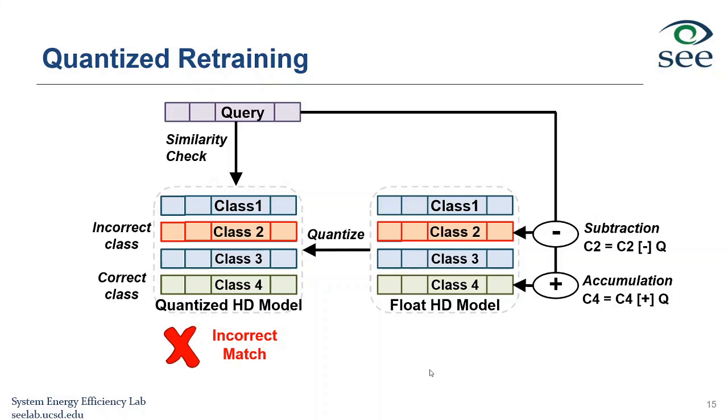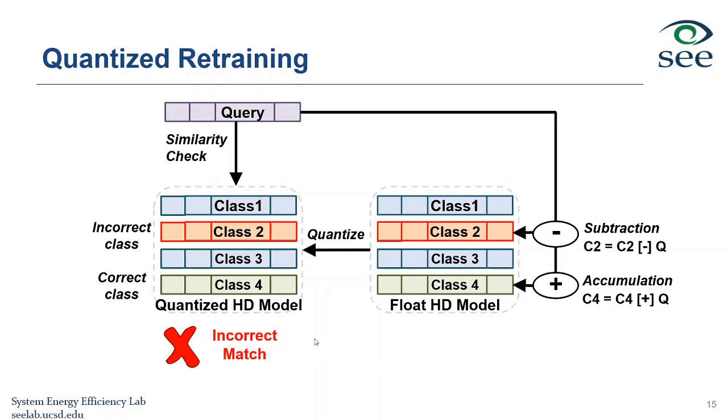And the way that we quantize to binary is we simply take the sign bit of each dimension, and we make any positive number a +1 and any negative or 0 number a -1. Then our class hypervectors are binary, and we can do a simple Hamming distance check between the classes and the query.